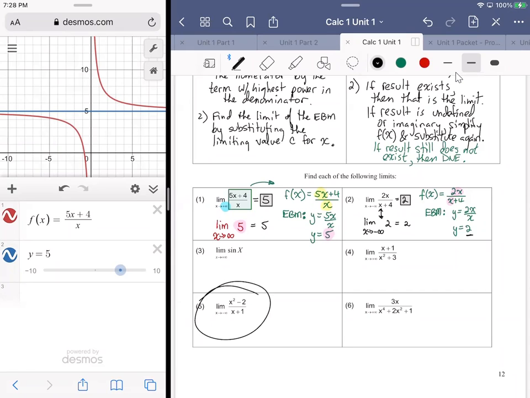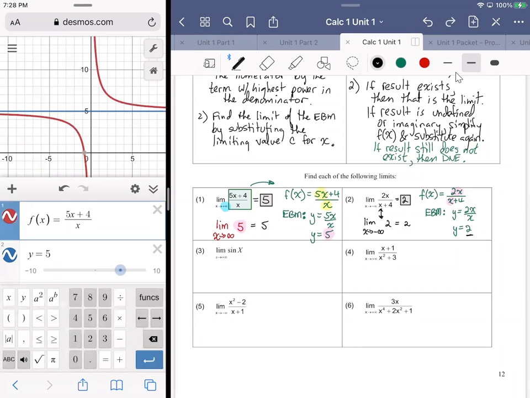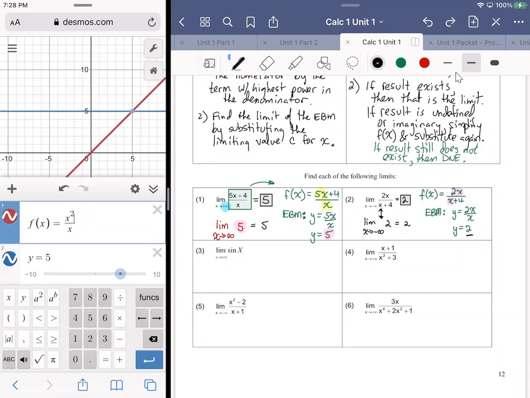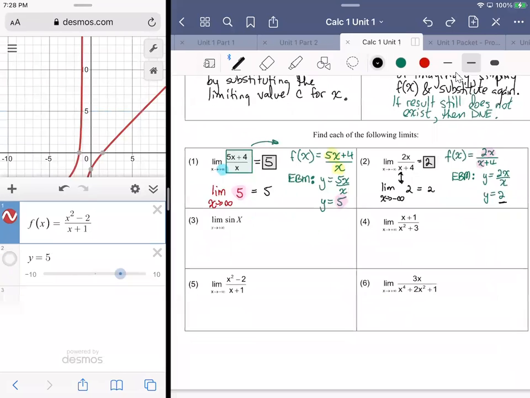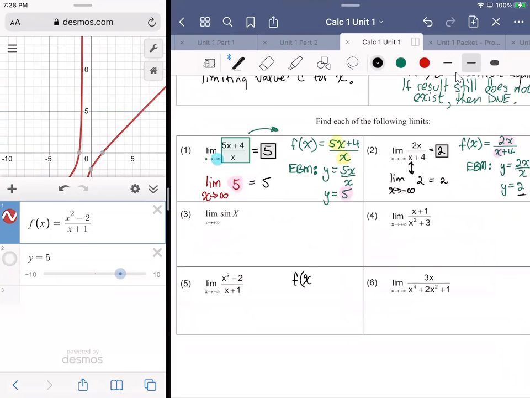But looking at number 5, I could put in the original function, x squared minus 2 over x plus 1. We'll find the end behavior model. So f of x, again, x squared minus 2 over x plus 1.